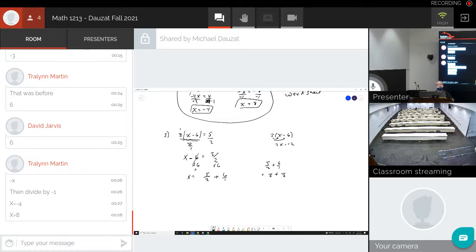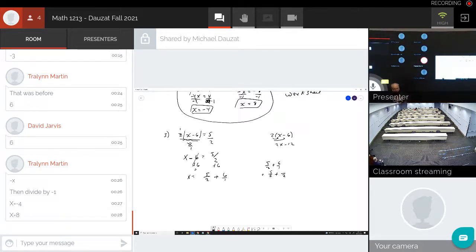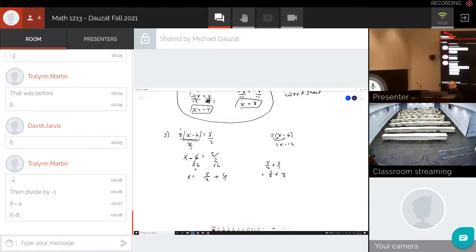So now you're going to write equivalent fractions. You want to write an equivalent fraction of 5 halves with the denominator 2. Well, the denominators are the same, so 5 halves is equivalent to itself. There's nothing to do there. But in that other fraction, you have 6 over 1. You want to rewrite 6 over 1 as a fraction with 2 as the denominator.